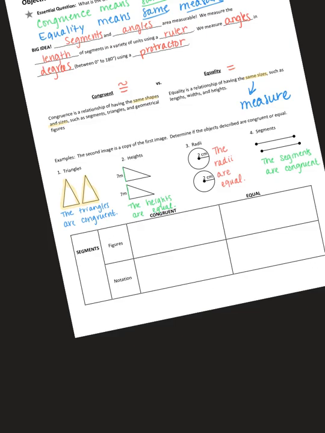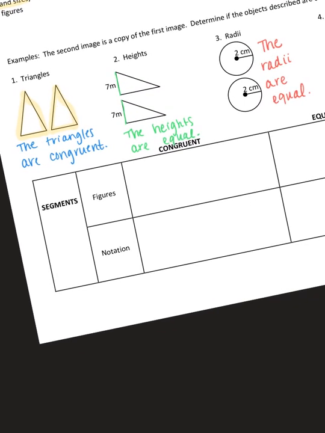So we're going to focus on segments for this part of the table. And if 2 segments are congruent, we need to draw in 2 segments, and we'll call this segment AB and this segment XY.